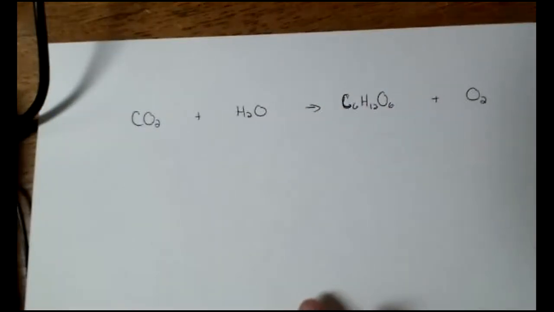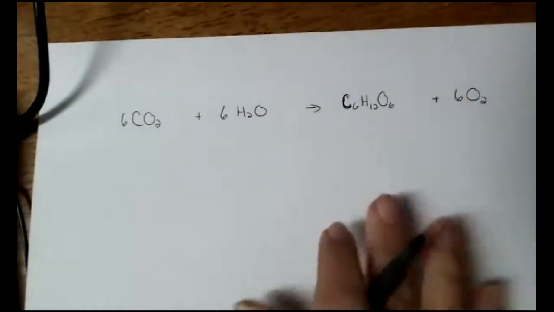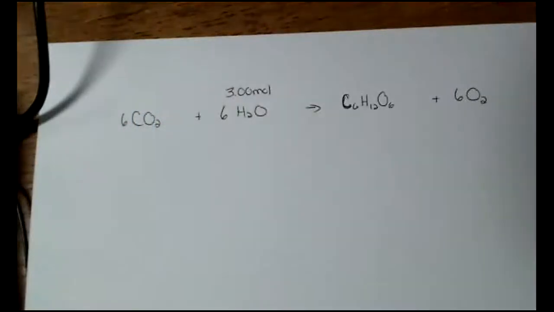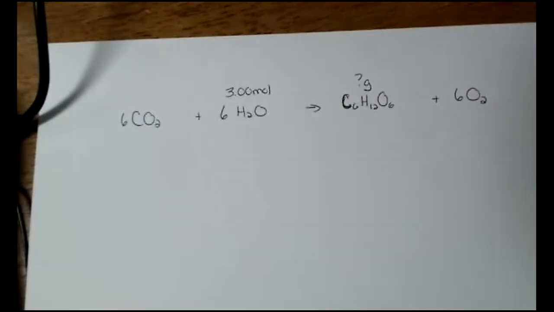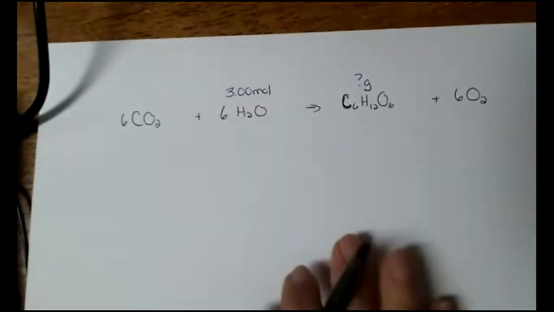Okay. And this time, we need to balance it, just like we did before, 6, 6, and 6. But this time, they're telling us we have 3 moles of water, and they want to know how many grams of glucose are produced. So this is a mole to gram problem.